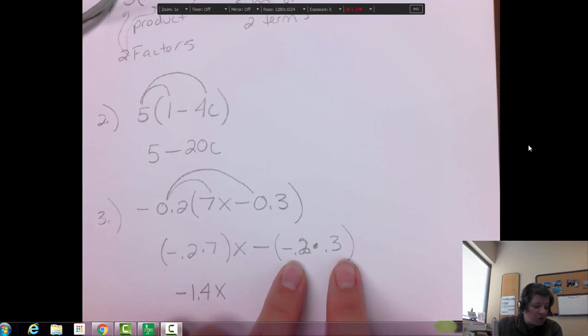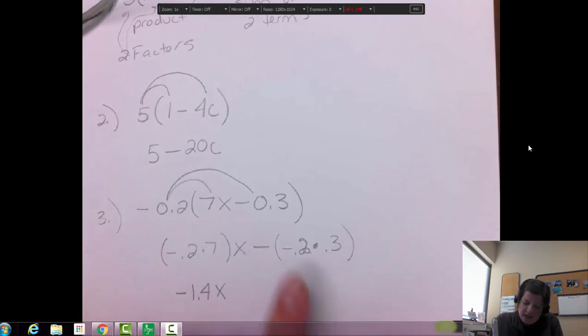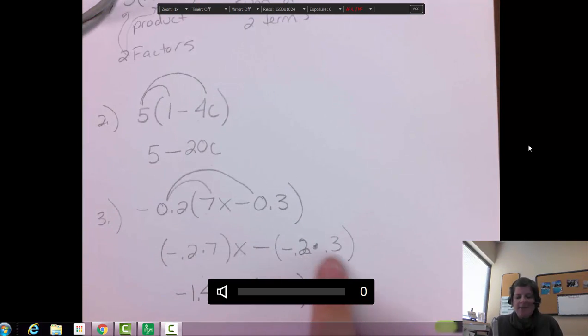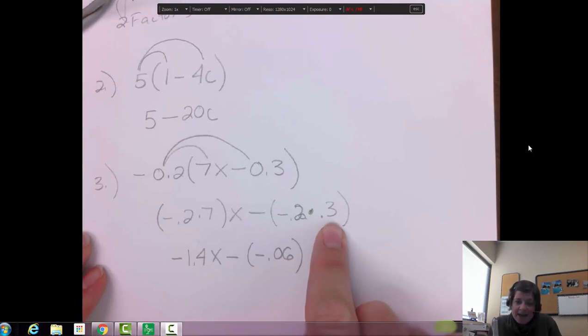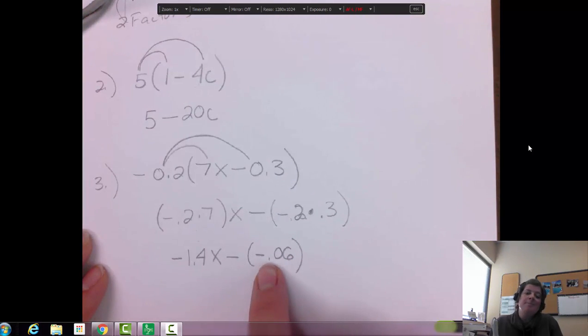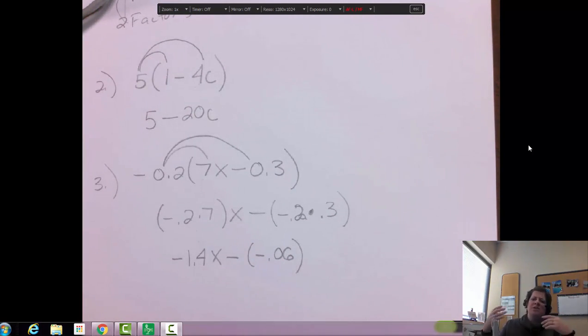And 0.2 times 0.3 is 0.06. So this is a minus a negative 0.06. You can think of it like this: 2 times 3 is 6, but you have to move the decimal 2 places. And that's where it ends up being 0.06 with those decimal rules that we have.